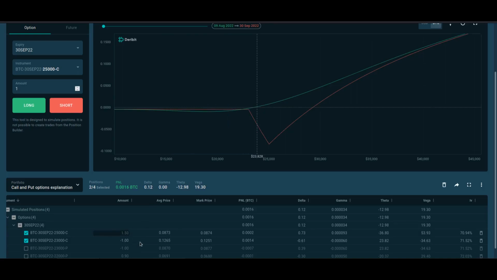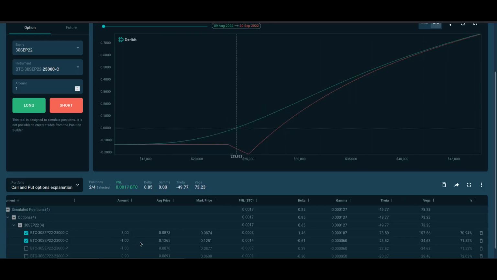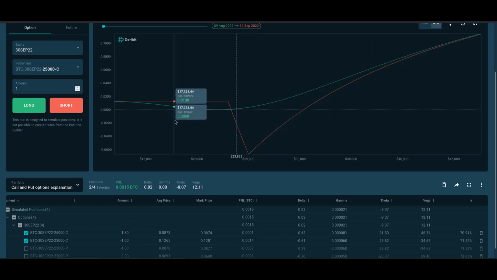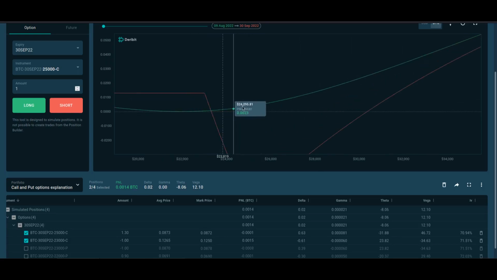Okay, let's take another ratio, for example 1.3. Okay, great. In this case we still get some profit if the price goes below our initial sold strike of $23,000. In case the price goes up, especially in the next few days, look at the green line, it is all-time positive.